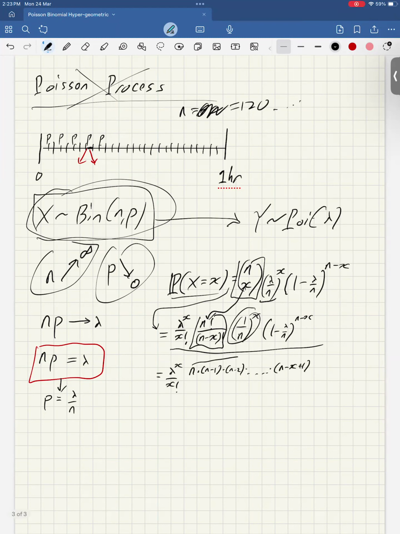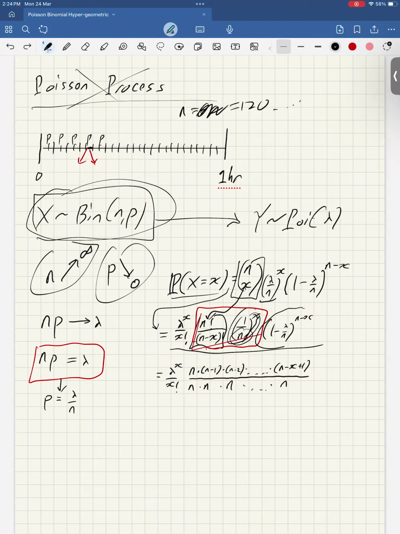Notice that there are x multiplicands here. In the same way, for each of those x multiplicands, I can write an n from this n to the power x: an n times an n times an n. All of these components I've written as such.